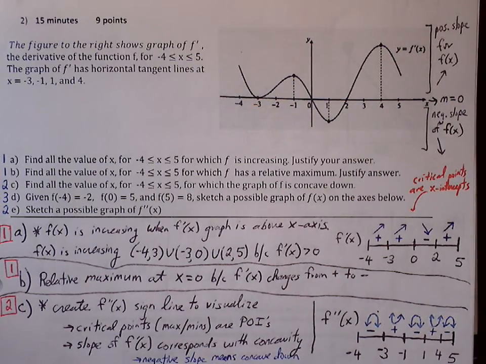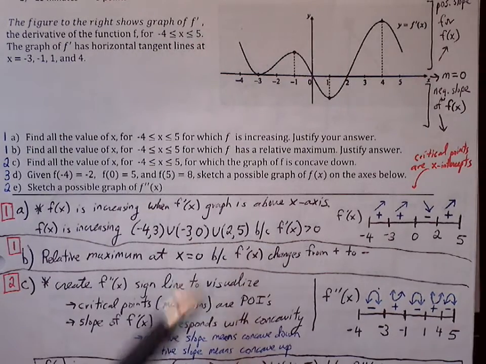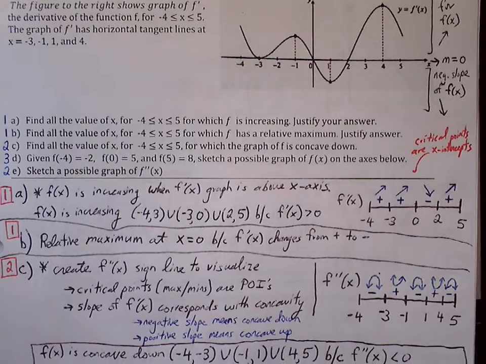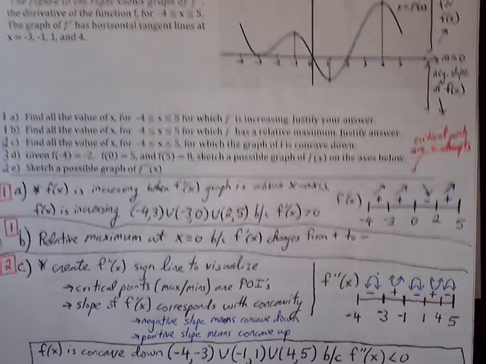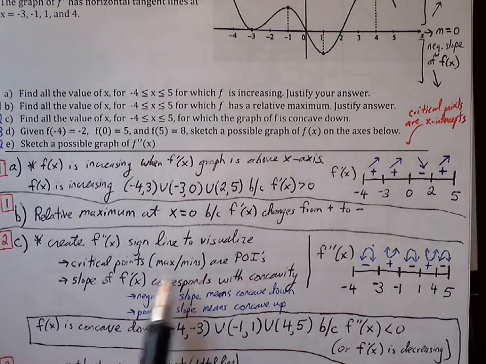Part C, find the values of x for which our graph is concave down. If we want to gather information about concavity or points of inflection, we're going to have to interpret this f prime graph accordingly. The way we're going to do that is we're going to first pick out the peaks and valleys.